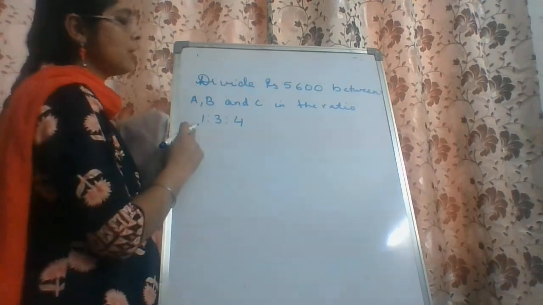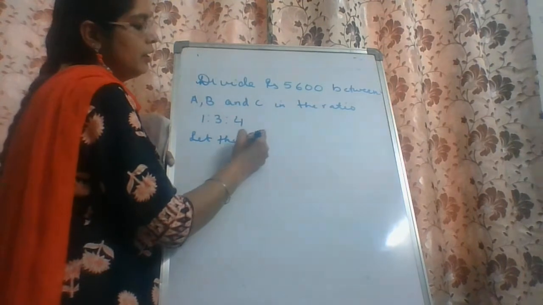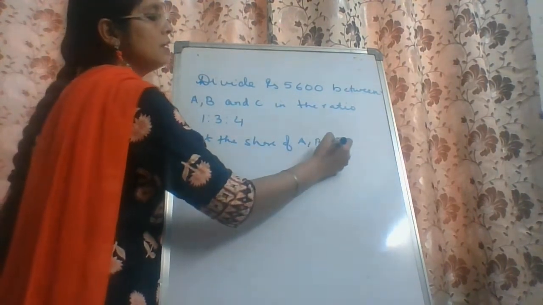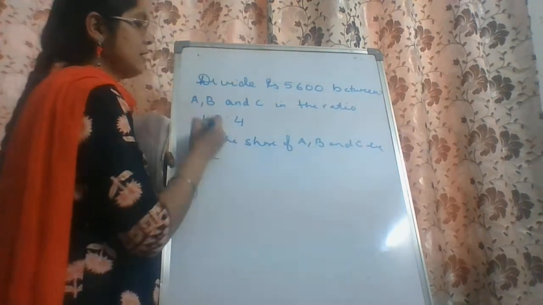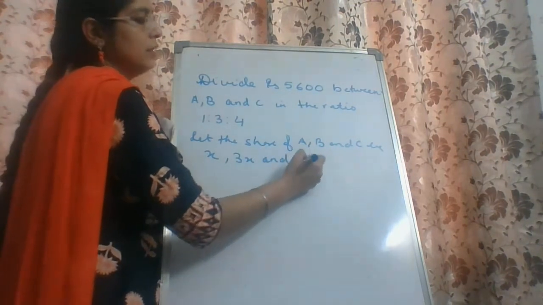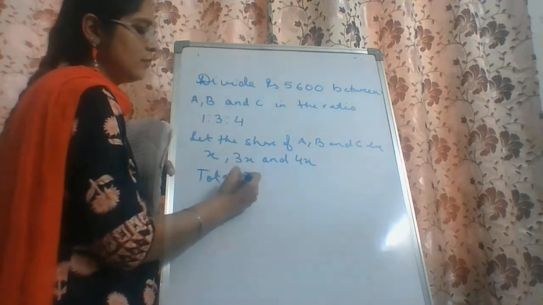Let the A share be x. Let the share of A, B and C be x, 3x and 4x. Total is equal to 8x.